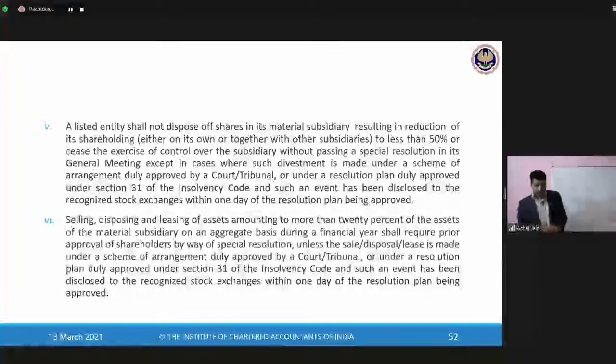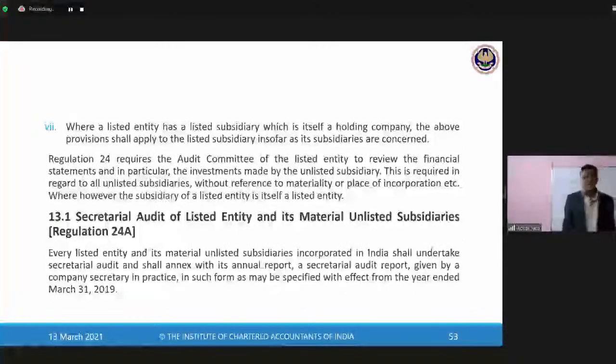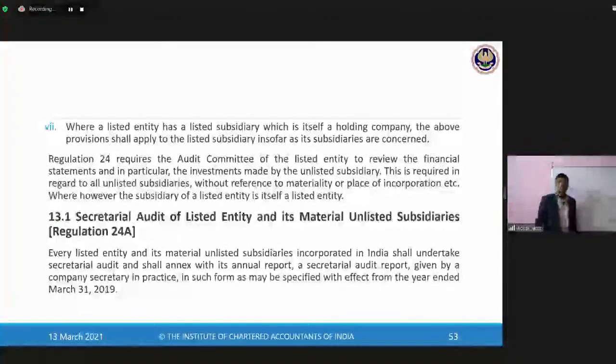Moving further, where a listed entity has a listed subsidiary which is itself a holding company, so we are talking about a listed subsidiary below which again there is a subsidiary, the above provision shall also apply to the listed subsidiary insofar as those are related to subsidiaries. Okay.